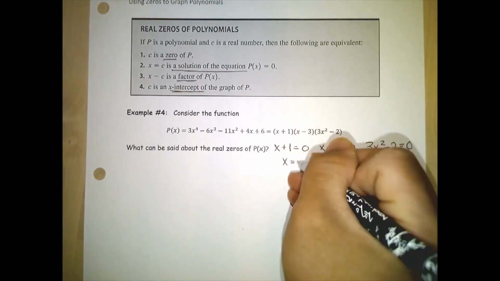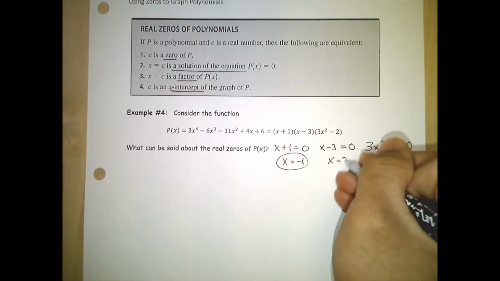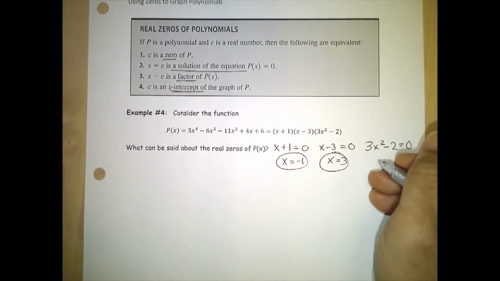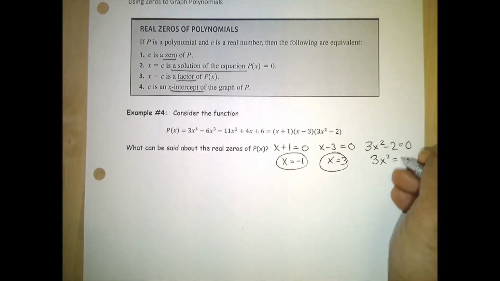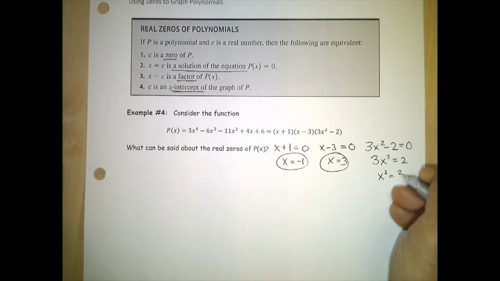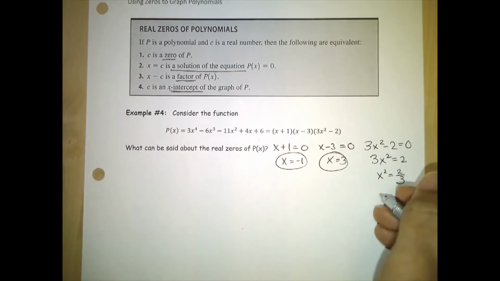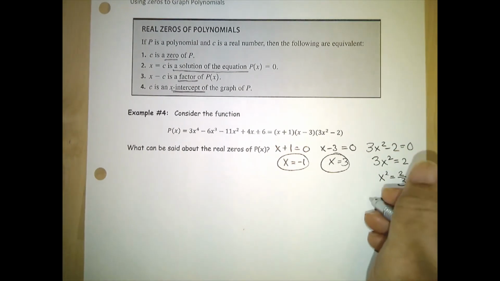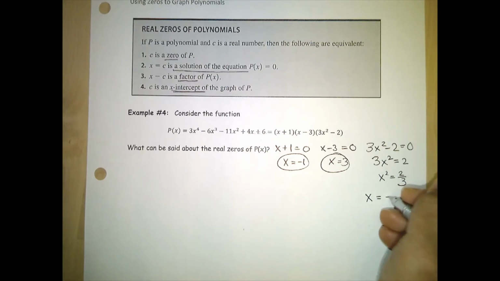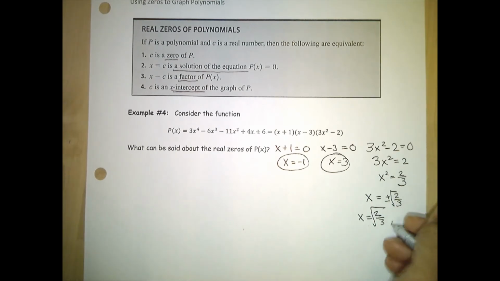So one of them is negative 1, one of them is 3, and then, well, I can go ahead and add the 2 and then divide by 3 and take the square root. So x is equal to plus or minus the square root of 2 over 3. So one of the zeros is the square root of 2 over 3, and one of them is negative square root of 2 over 3. So there are 4 real zeros here.